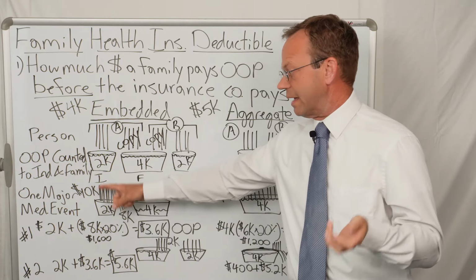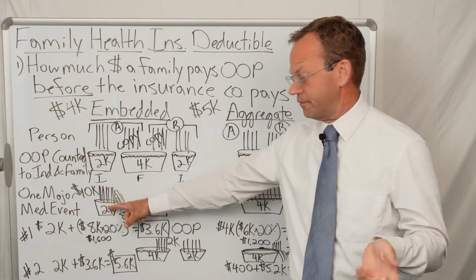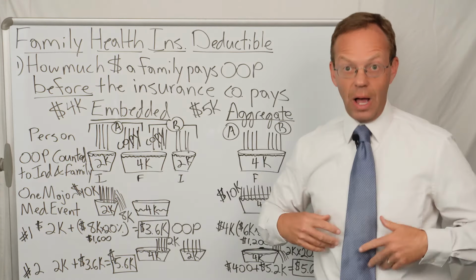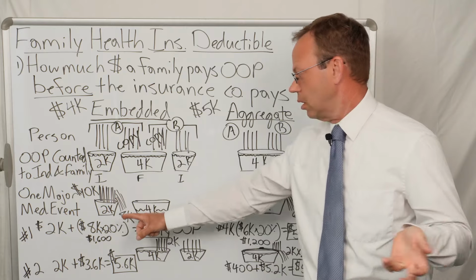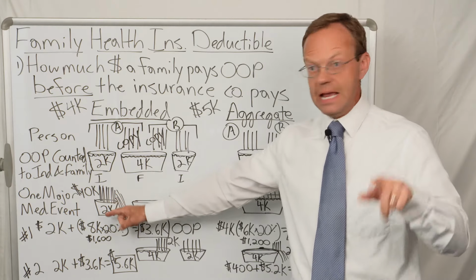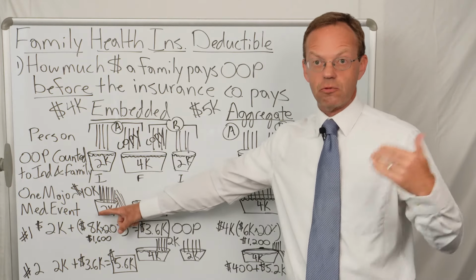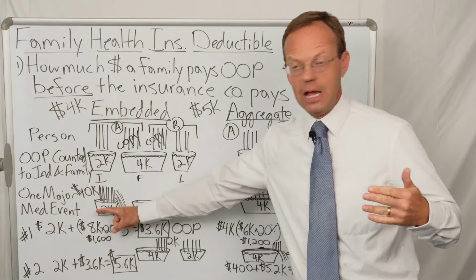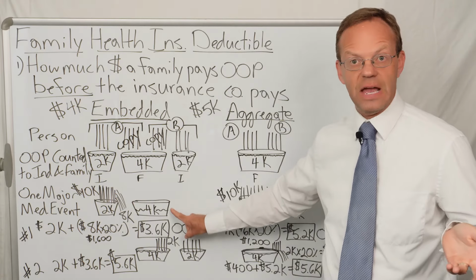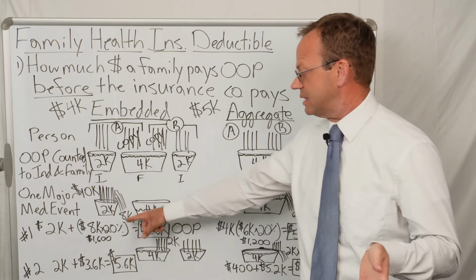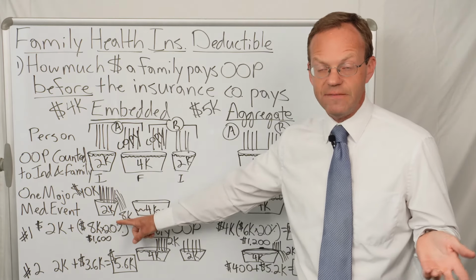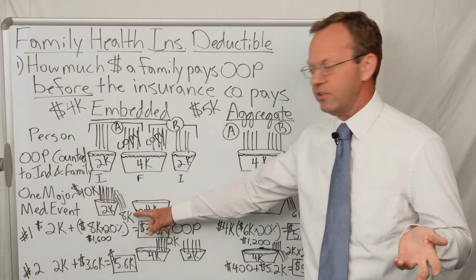Well then you've got the $10,000 flowing into the $2,000 bucket, so obviously there's going to be overflow. There's $8,000 of overflow. Again, you still take the $2,000 that went into the original individual deductible bucket and you copy and paste that into the family deductible. So they've filled up their family deductible halfway, but they've overflowed their individual deductible bucket by $8,000.